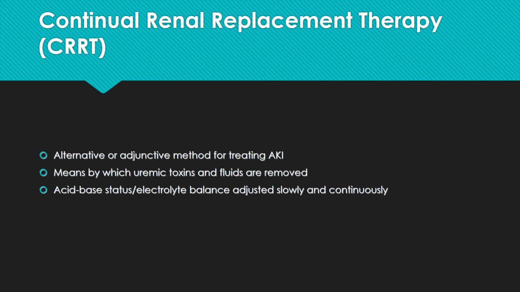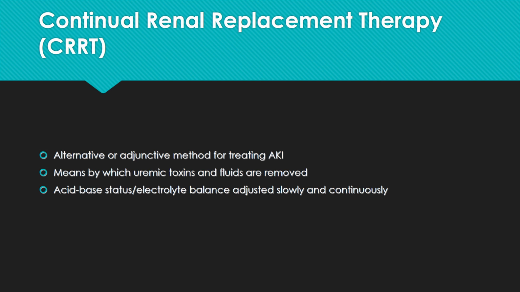So where in a 3-hour dialysis treatment, they might have taken off 1,500 mils, let's say. In CRRT, they still try to take off the 1,500 milliliters, but they would do that over 24 hours instead of over 3 or 4 hours.